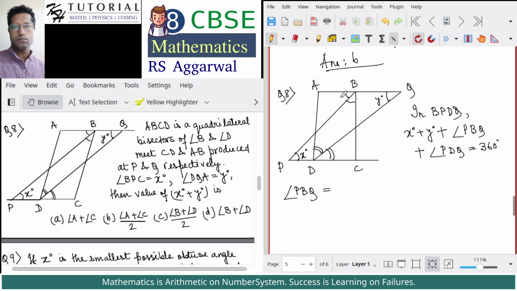PBQ is angle... let's say the angle B has been bisected by the BP, and let's say each of the bisecting angles is m degree. So this is m degree, this is m degree, and also let's say the angle D is bisected into two equal angles, n degree and n degree.